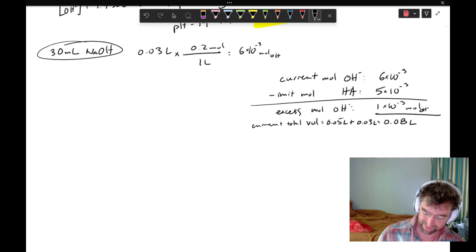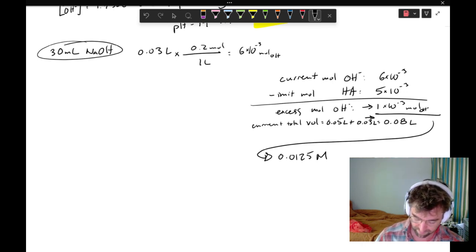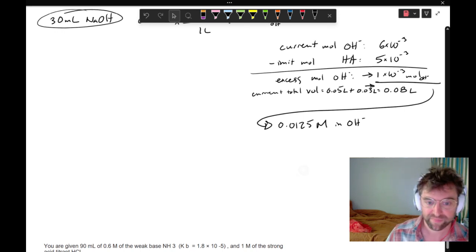And now we simply take moles divided by liters, which gives us our new molarity, which is 0.0125 moles per liter in hydroxide. All right.